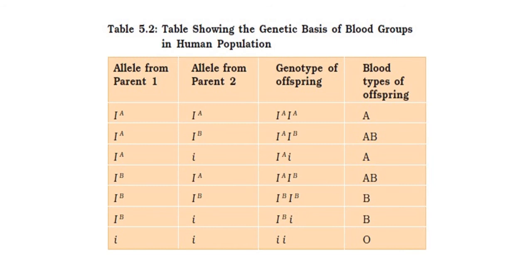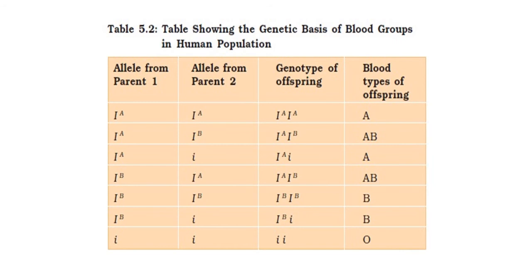So you can understand simply now as per the dominance rule. In the next example, one parent has capital IB, meaning B blood group, and the other parent has small i. So the genotype of the offspring is capital IB and small i. Small i is recessive, capital IB is dominant, and it expresses itself as B blood group.